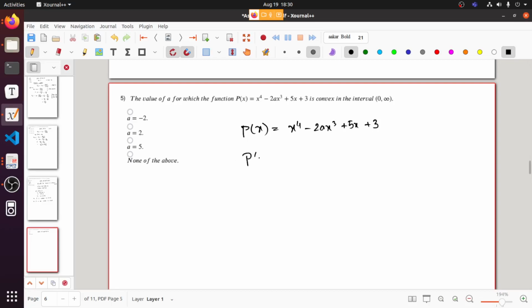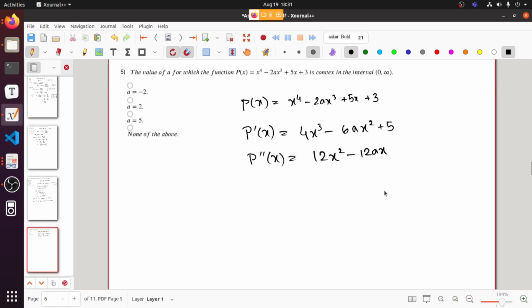Just differentiate it. P dash x will be 4x cube minus 6a x square plus 5. P double dash x will be 12x square minus 12ax, right?